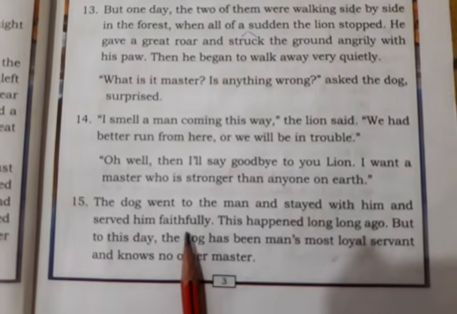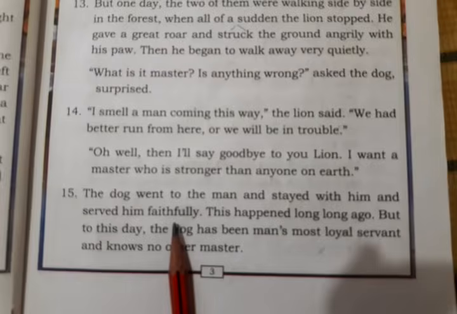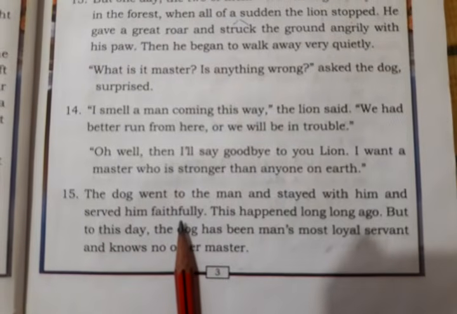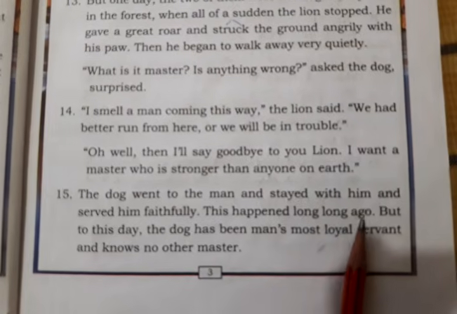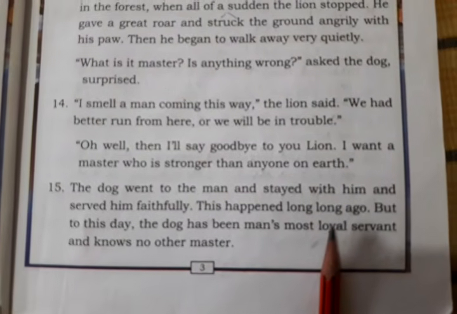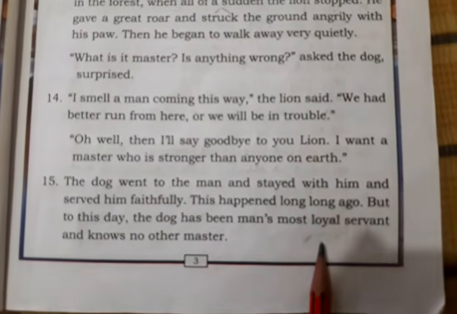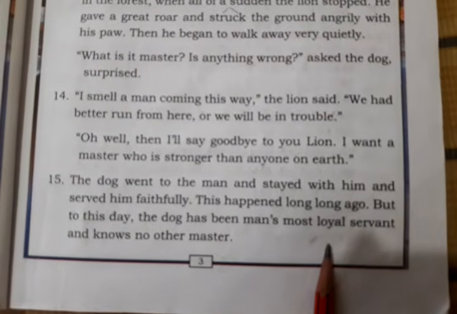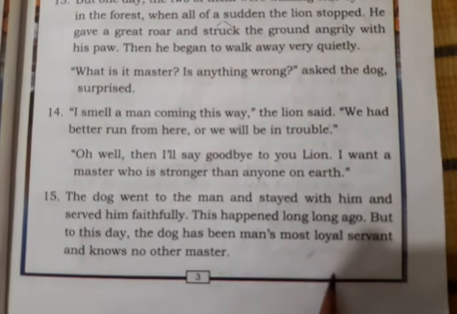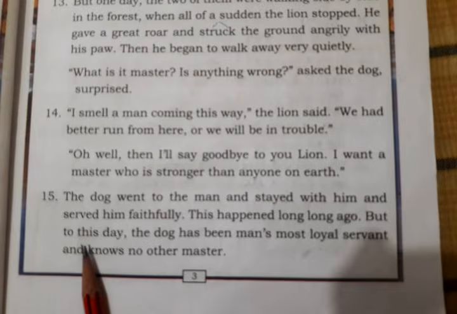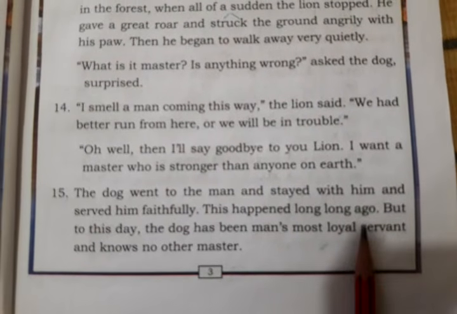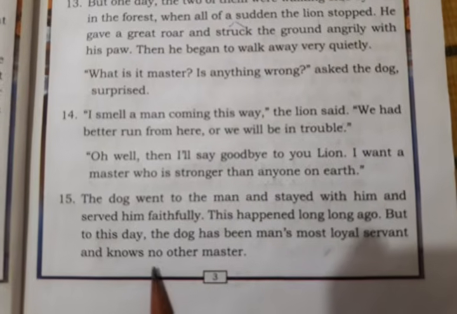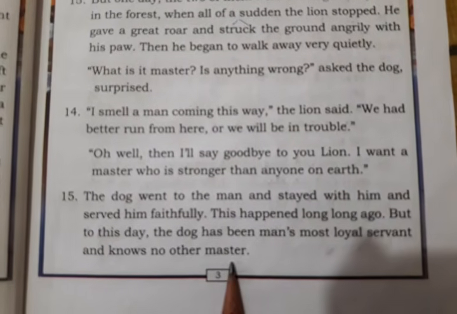So, in this way, the dog has become the faithful animal for the man. This happened long ago, in the beginning, it happened like this. So the dog started to live with people. But to this day, the dog has been man's most loyal servant and knows no other master.